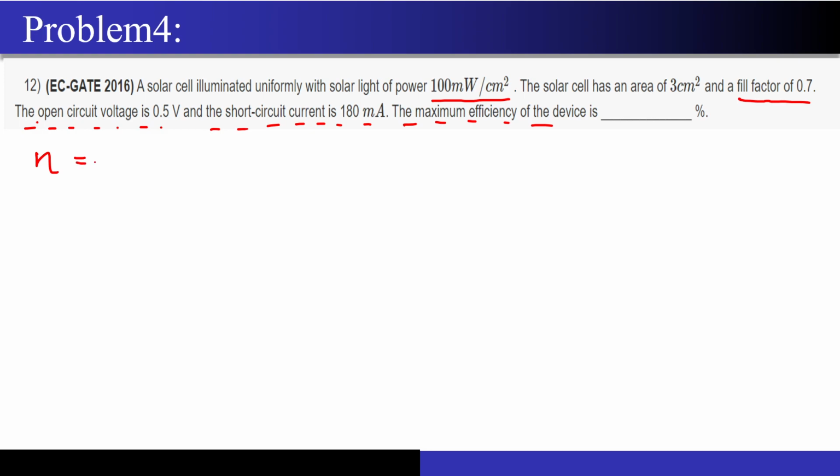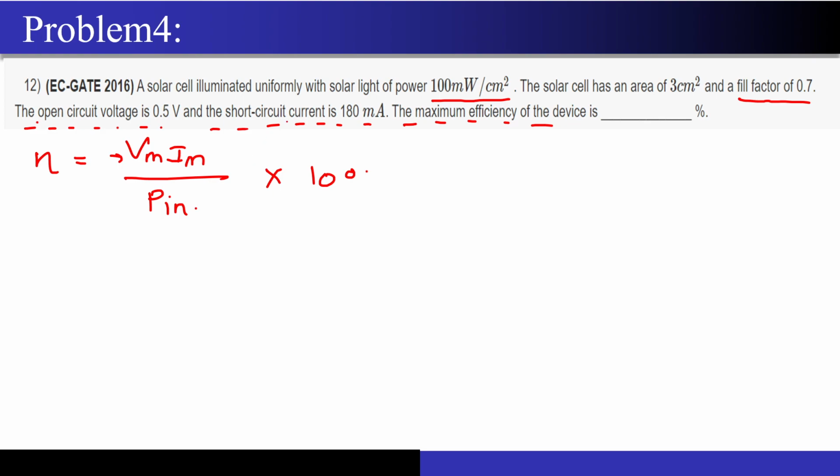So now how can I calculate the efficiency? My efficiency is nothing but, as we have already seen, the product of Vm into Im upon the input power that I am applying at the solar cell, into 100. Correct? Now I have to find this Vm into Im, but it has not been given to me directly.